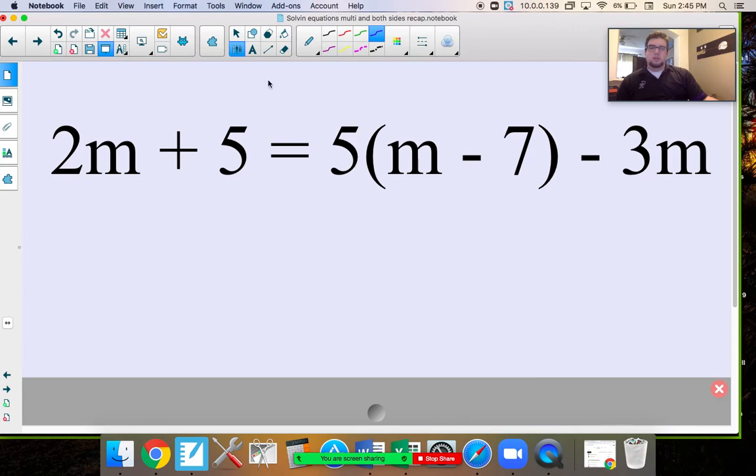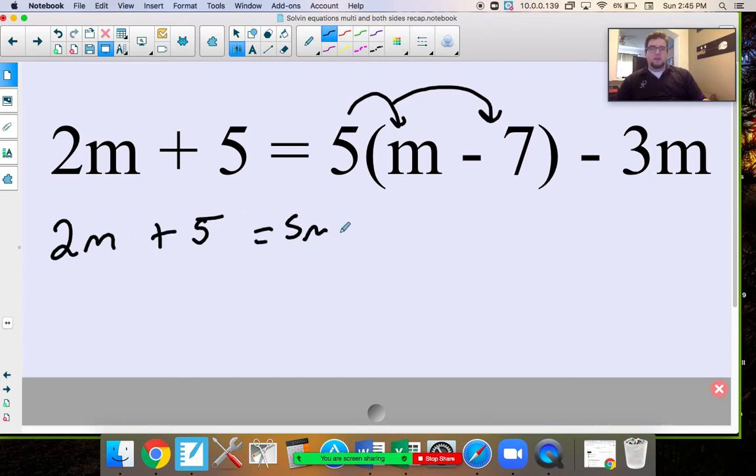So let's throw in some distributive property as well. This left side is already simple, so we're good. I'm going to distribute the 5. So I still have the 2m plus 5. I have the 5m minus 35 minus 3m.